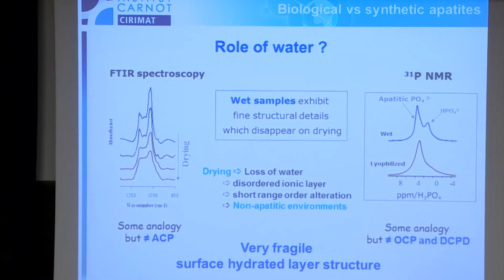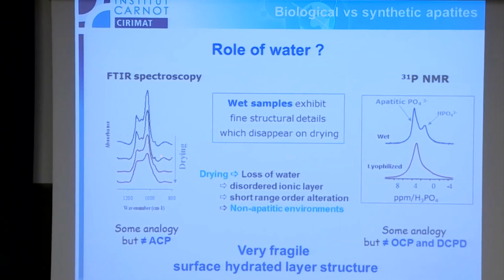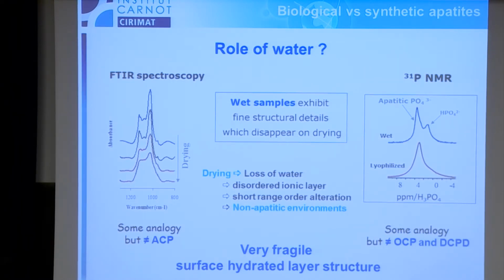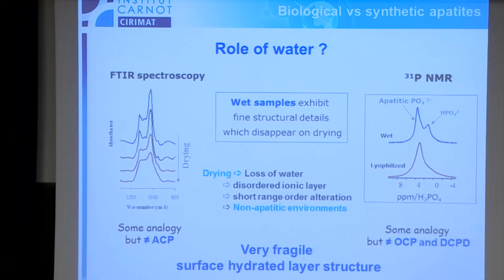You can see that with drying, you have a loss of the fine features of the spectra, probably related to a disordered ionic layer due to the loss of water, and a short range order alteration upon drying, probably.